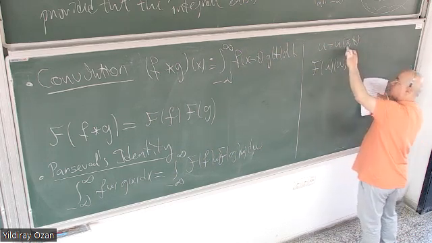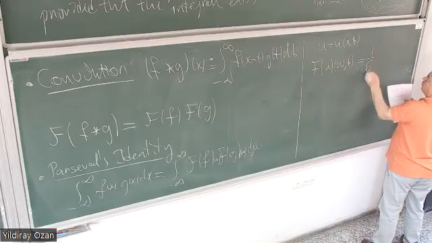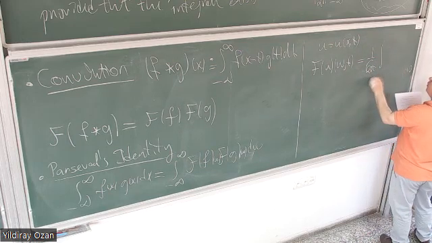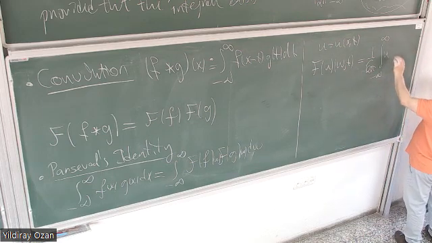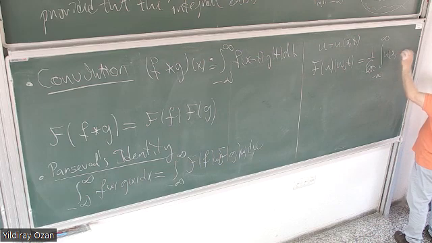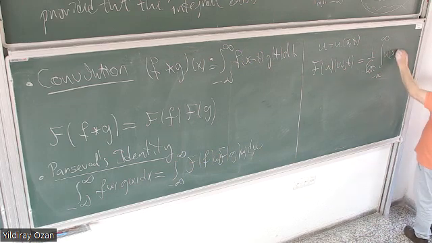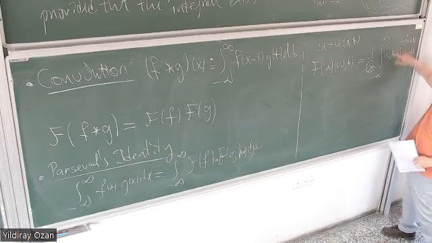This x becomes w, and it is just this expression, 1 over square root of 2 pi, minus infinity to plus infinity, u x t e to the power minus i w x dx. Yani şuradaki t buradaki t değil.